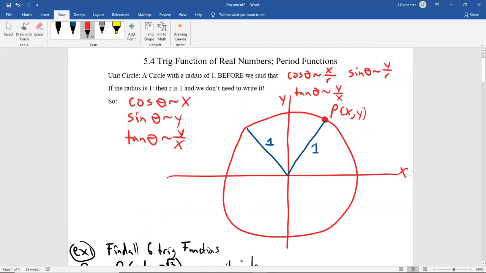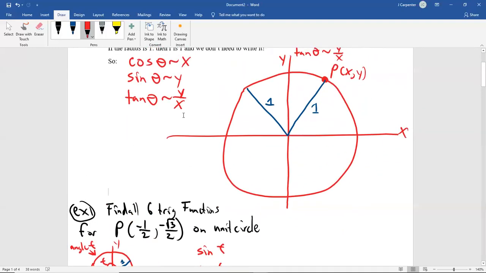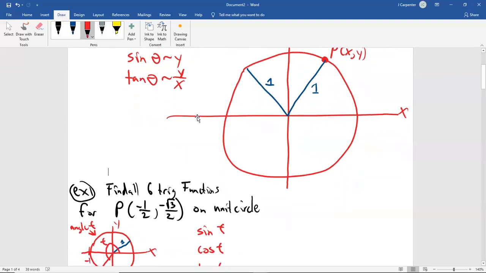The cosine is literally the x coordinate. The sine is literally the y coordinate. And if you don't trust this, you can draw up a whole bunch of different right triangles, and it will turn out that since the radius is 1, your hypotenuse is 1. So when you go x over r, or opposite over hypotenuse, however you're doing it, the denominator is 1 and it's unnecessary, and you just get the x coordinate.